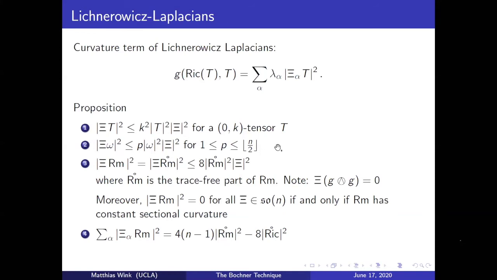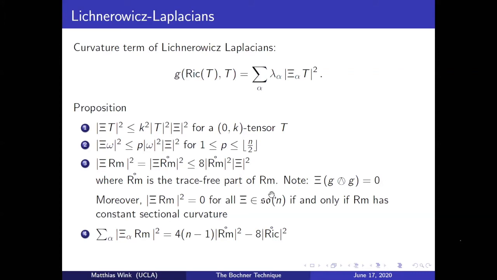Okay, so now we're interested in curvature tensors, and there are two things to observe. If we act with a skew-symmetric map on a curvature tensor, everything that is left is actually the trace-free part of the curvature tensor. So the part that comes from the scalar curvature, the Kulkarni-Nomizu product of the metric with itself, naturally sits in the kernel of our action and vanishes.